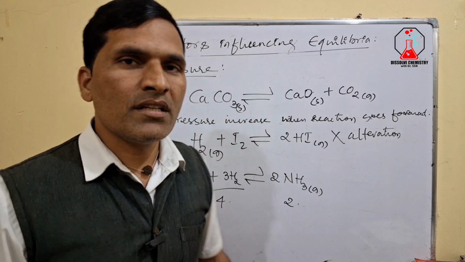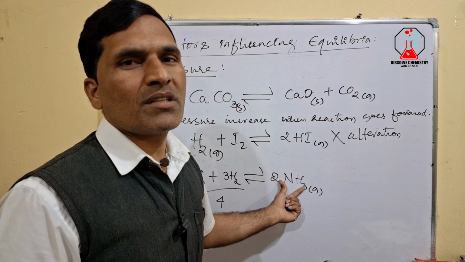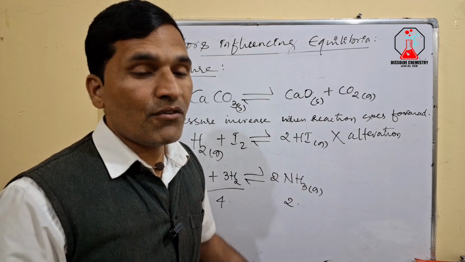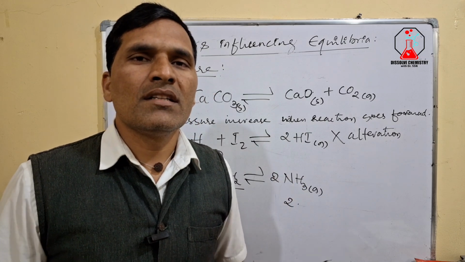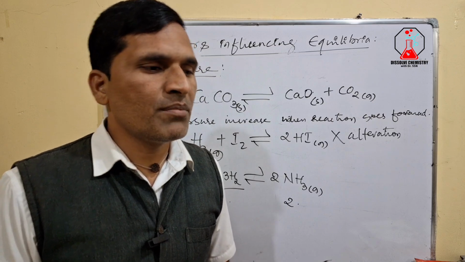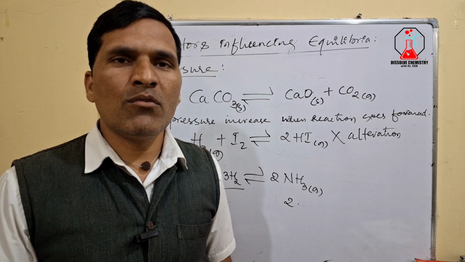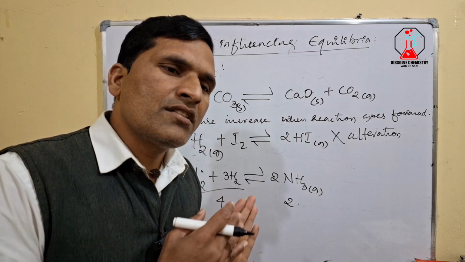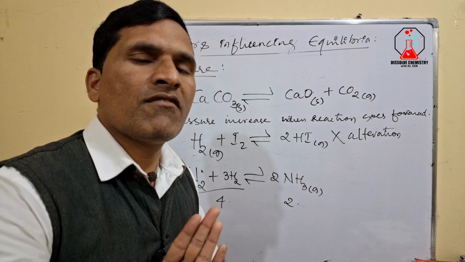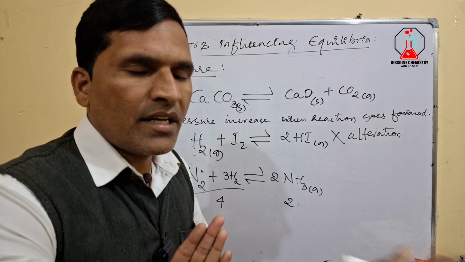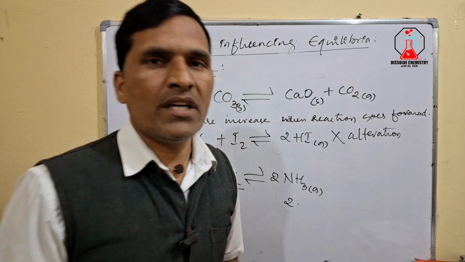Which is due to the formation of 2 moles of the product. Okay. If you want more and more product, then according to Le Chatelier's principle, you have to increase the pressure. If we apply more and more pressure, the shift of equilibrium will take place in the forward direction, or in the direction of the formation of ammonia.